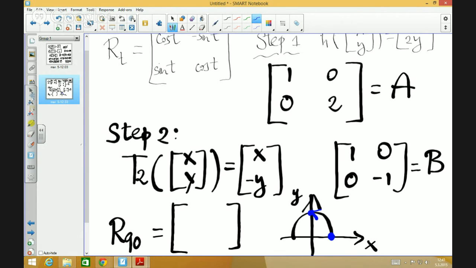So 0, 1 here. Instead, if I take 0, 1 and I rotate it by 90 degrees counterclockwise, where does it go? It goes to the green point. And since this is a circle of radius 1, the coordinates of this point are going to be -1, 0.